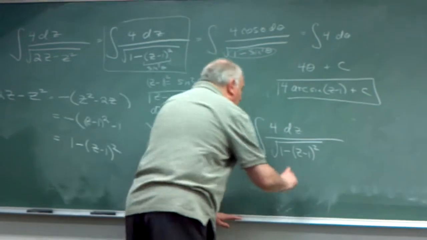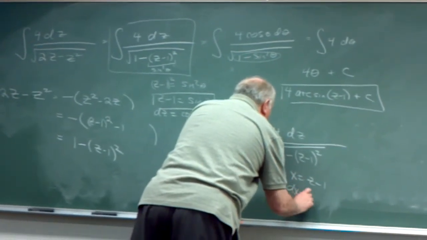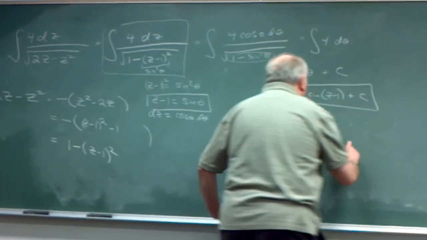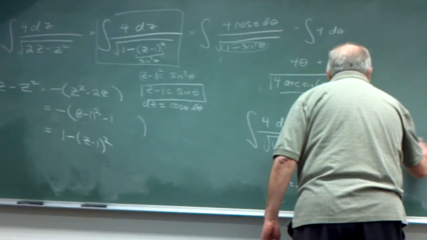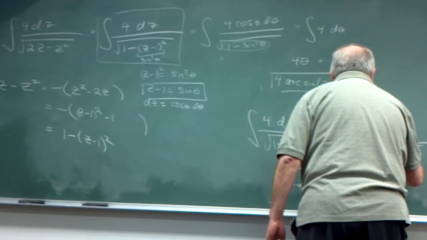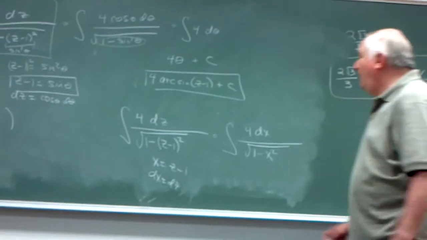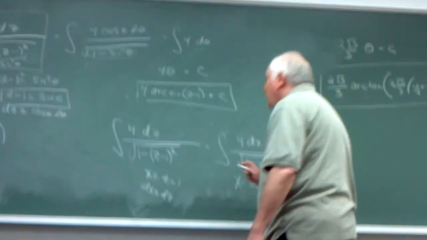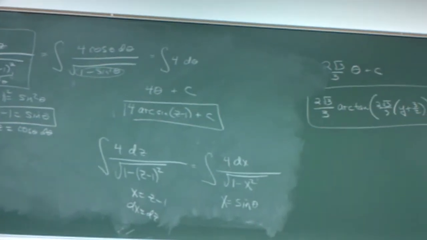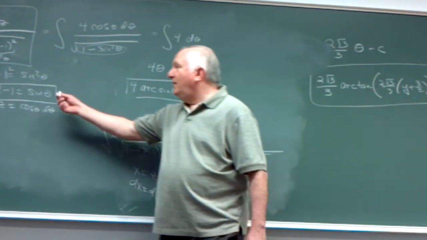Then dx is dz, and this becomes the integral of 4 dx over the square root of 1 minus x squared. Then you could go ahead and let x equal the sine of theta. And notice, essentially, this substitution is what happens if you combine those two substitutions.